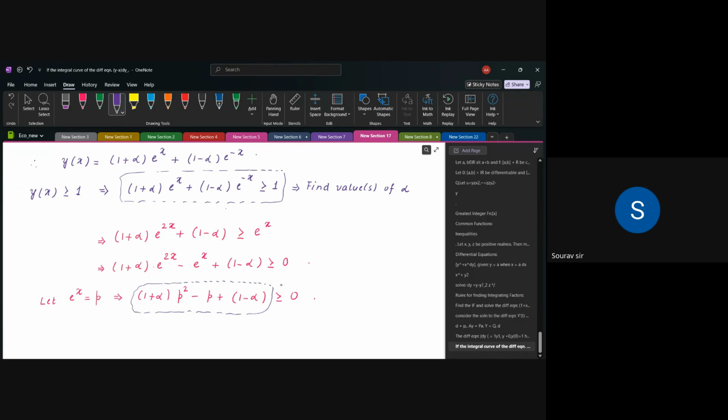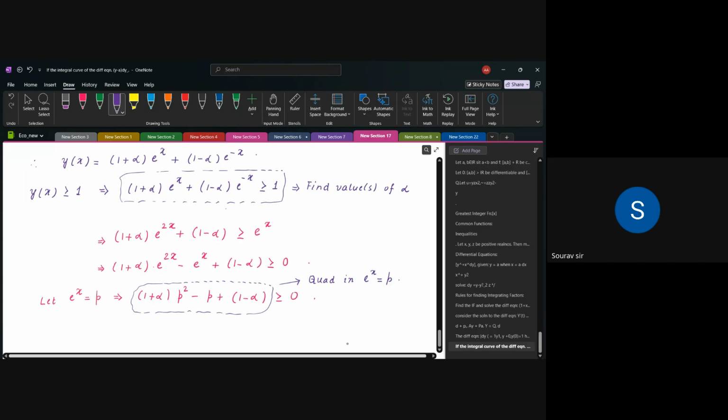Can all of you observe that this is nothing but a quadratic in e raised to the power x, which is your p? Agreed?